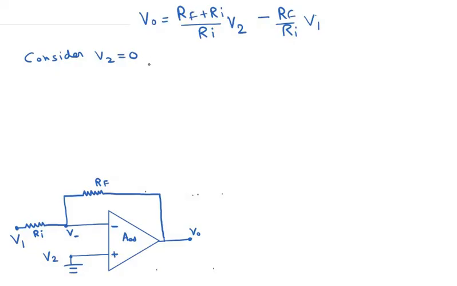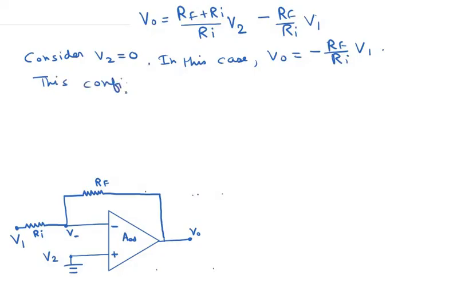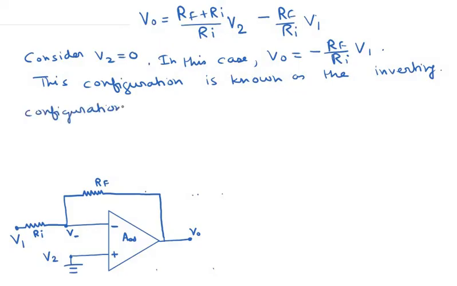So in this case V0 is equal to minus RF by RI into V1. Okay, this configuration is known as the inverting configuration or inverting op amp amplifier.